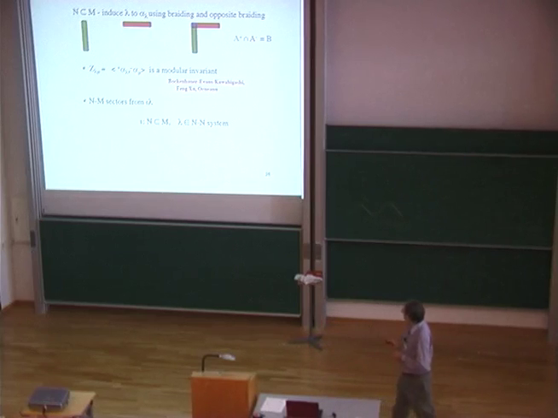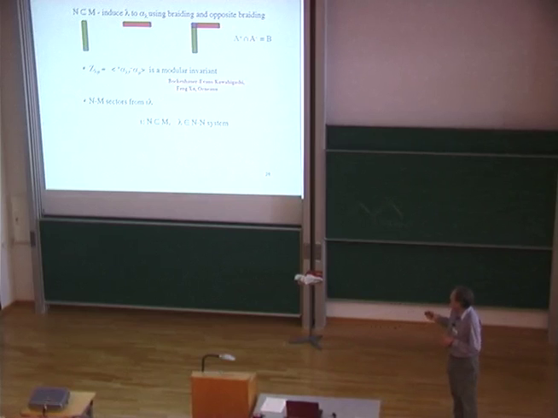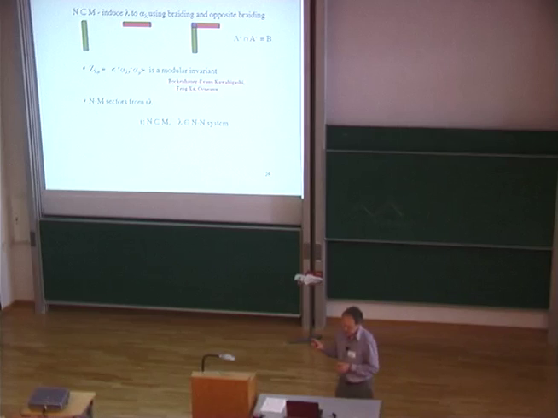Okay, but there are two other kinds of objects associated with this kind of inclusion. One is this basic NM sectors obtained by decomposing the I lambdas into irreducibles. So that's some kind of invariant which you can associate to the inclusion. And in the case of SU(2), this is going to give me the ADE classification of SU(2).